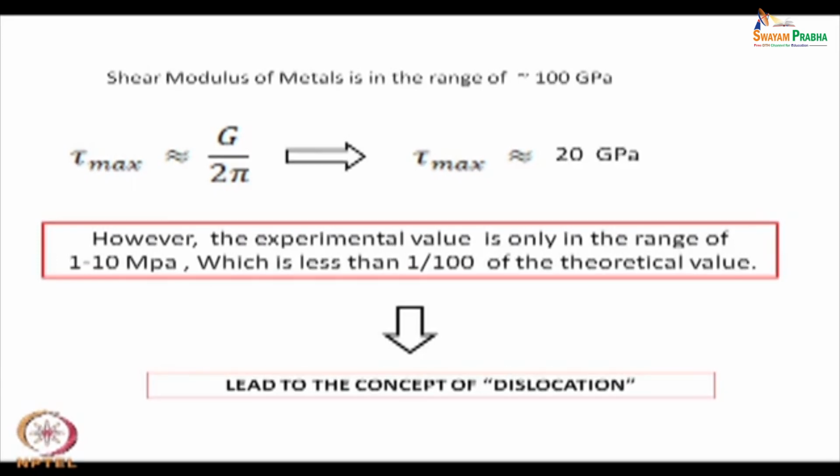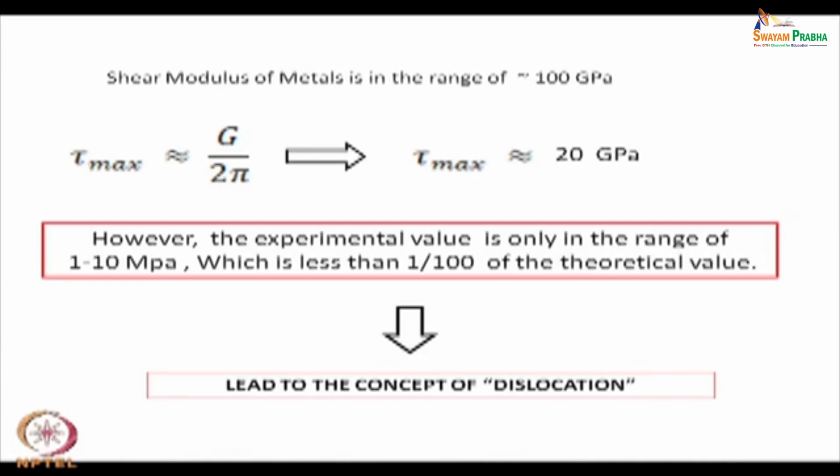That was quite disturbing for the scientists who had been working in this area, and then they came out with the concept of dislocation. If there are crystalline defects of a certain kind, then it can be shown that you need much lower stress for plastic deformation than what is expected from theoretical calculation.